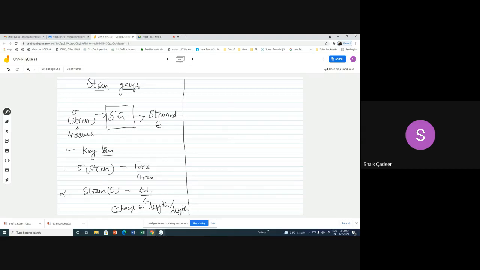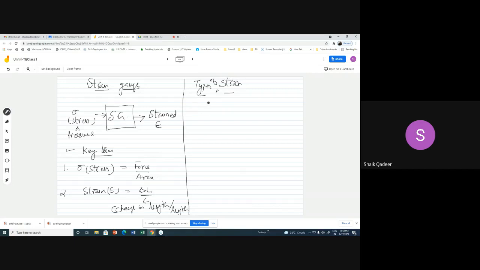Change in length per unit length. There are actually two types of strain. One is in one direction, another is in another direction.